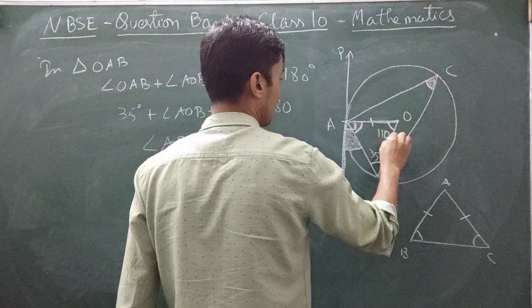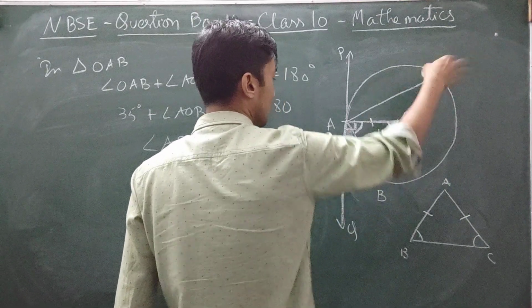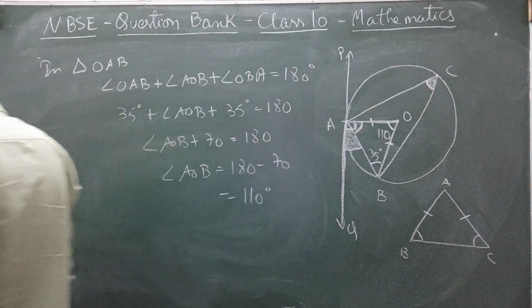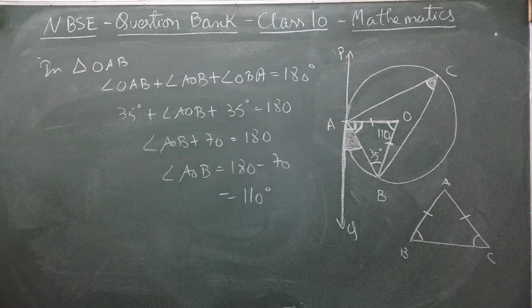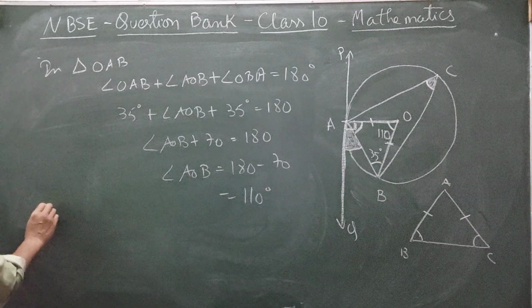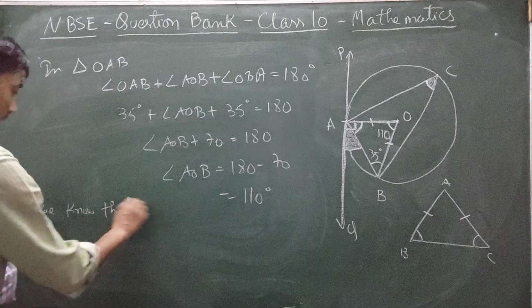So from that theorem in circles, this will always be half of it in the same segment. So 110, half of that. Okay, so let's write down that theorem. I'll just write down here.